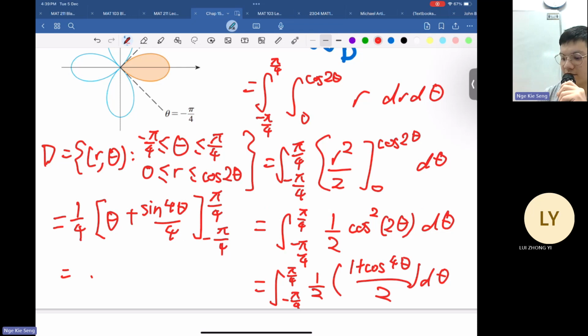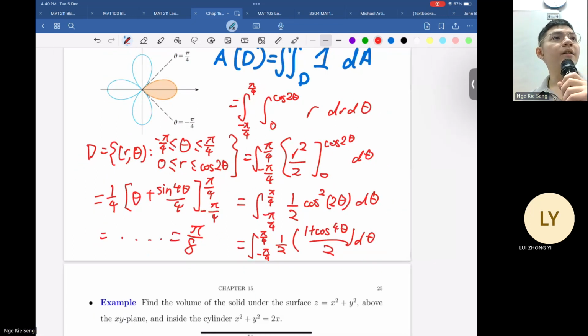Okay, I should get pi over 8. Please compute it. Okay or not? Is it okay?